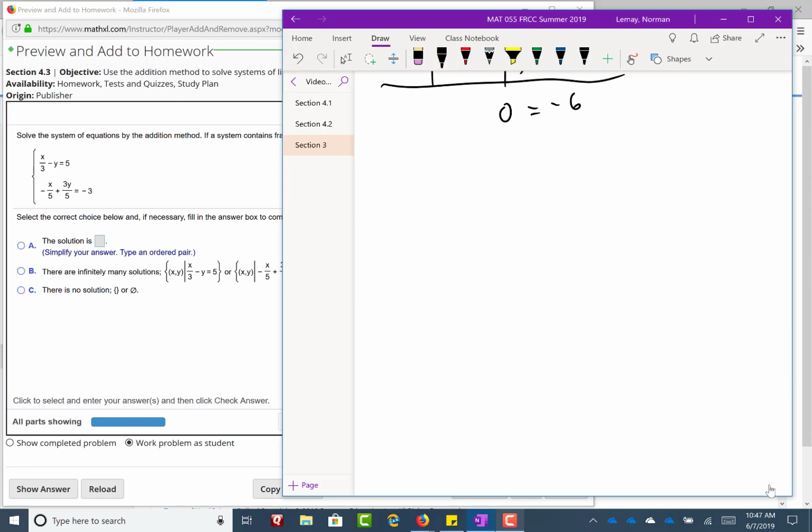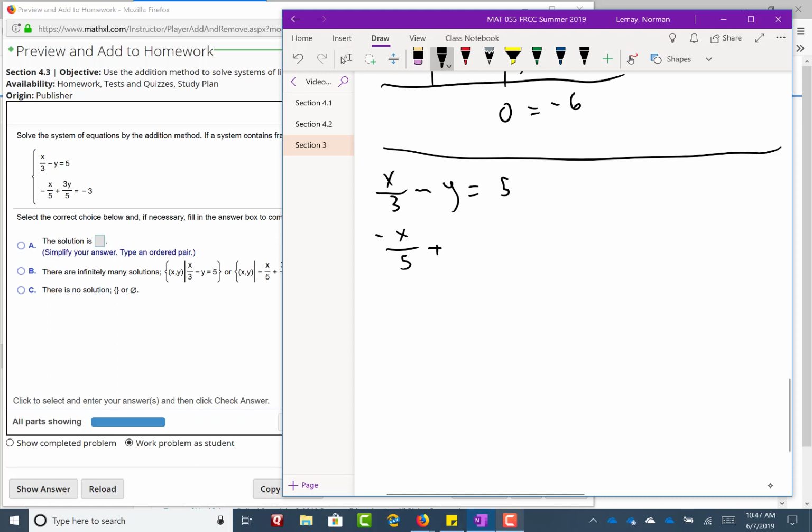All right, let's take a look at this equation here. So we get x over 3 minus y equals 5. Again, back to fractions. Woohoo. So plus 3y over 5 equals -3. All right, so I want to get rid of the fractions.